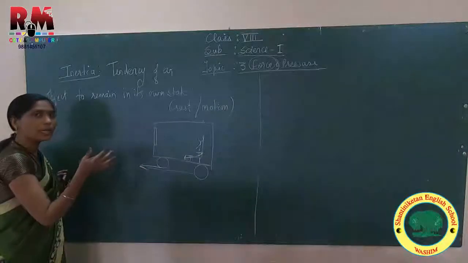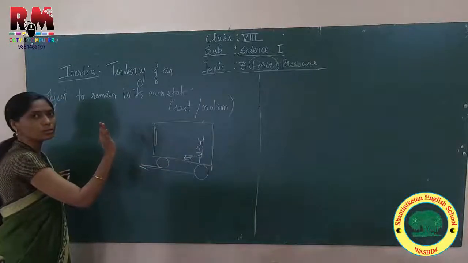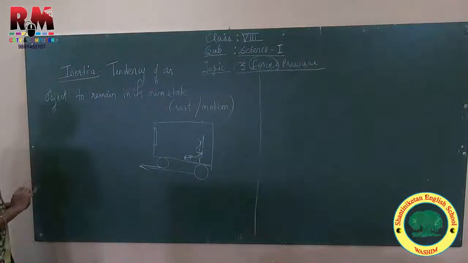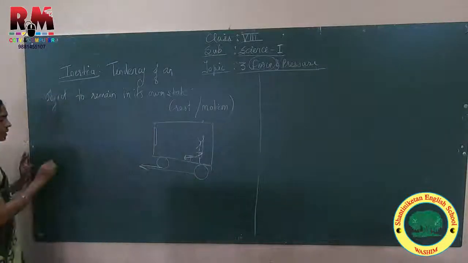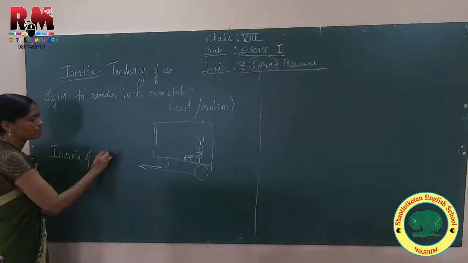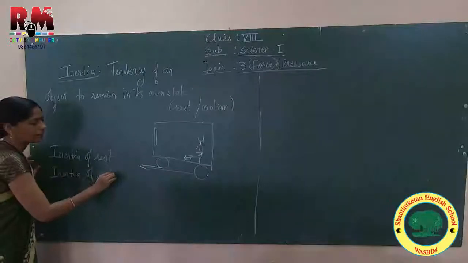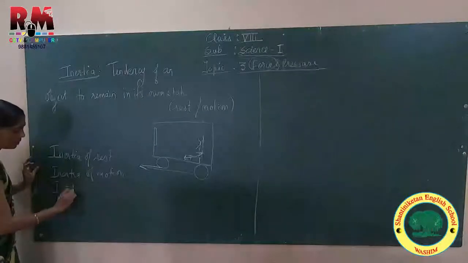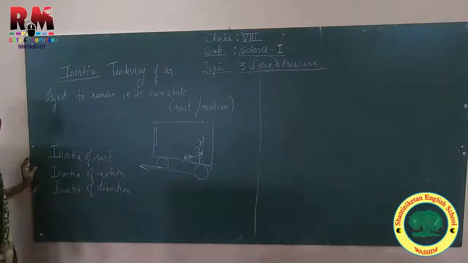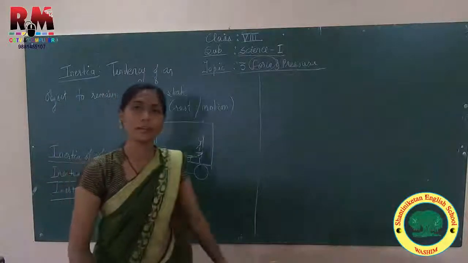So we have three types of inertia: inertia of rest, inertia of motion, and inertia of direction. By explaining a few examples, you children will very easily understand what inertia of rest, inertia of motion, and inertia of direction mean.